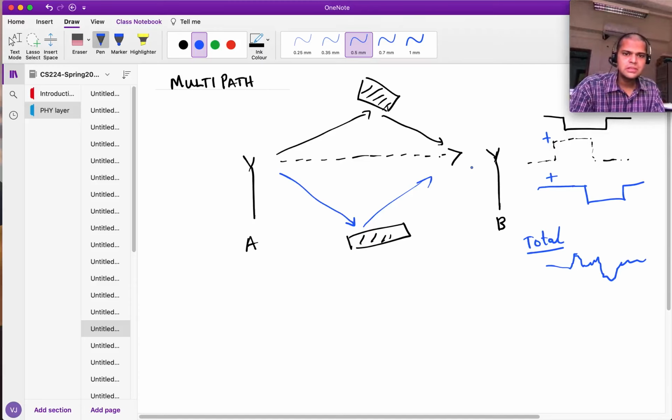So this is a little bit of an initial lecture for the physical layer. In the next class, we'll talk about actually how to transmit signals. So till now I've just said that when you have a bit 1 and a bit 0, I might send a pulse like this, or I might send a pulse like this, right?